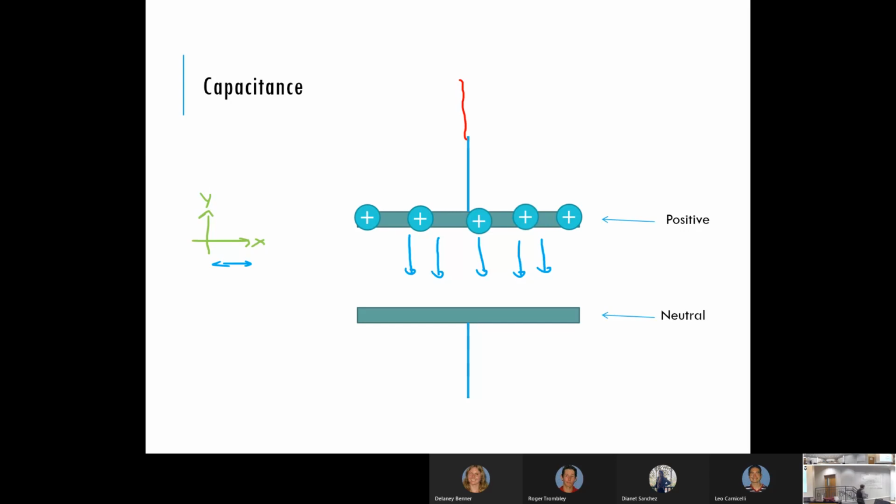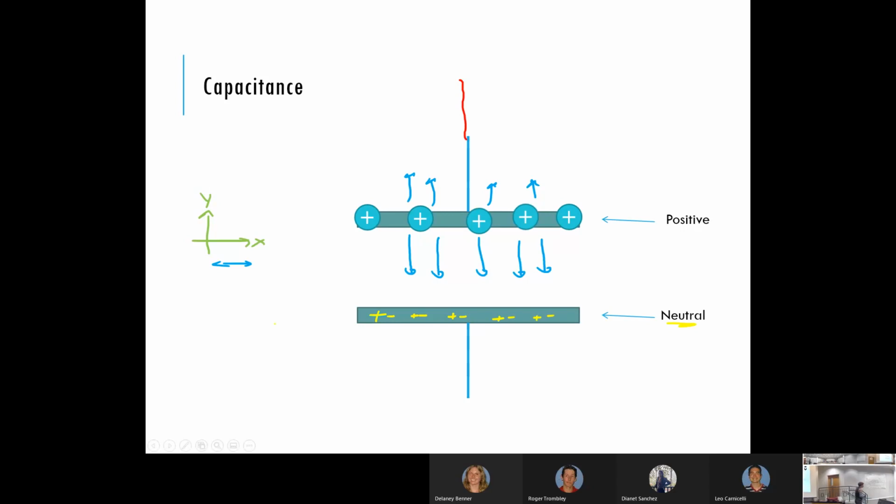Okay, so we've established that there's a constant electric field, and technically I should draw it on this side as well. There's a constant electric field due to this positively charged upper plate. Next question. If I think about my positive and negative charges on this bottom neutral plate, I said it was neutral, so there are as many positive charges as negative charges.